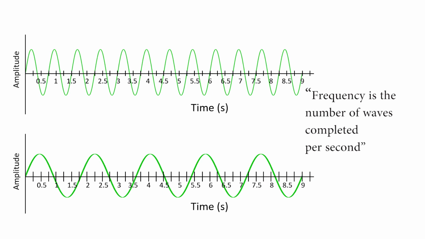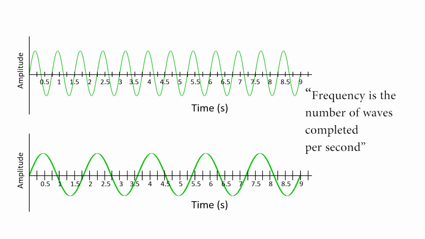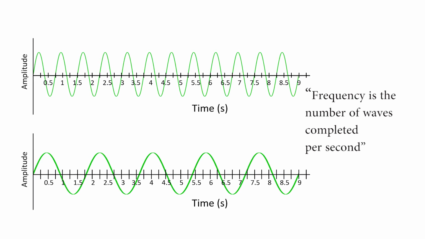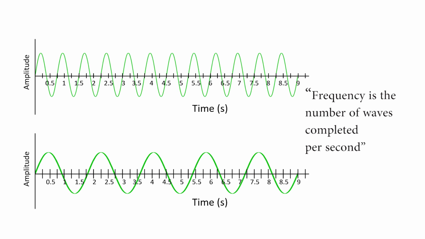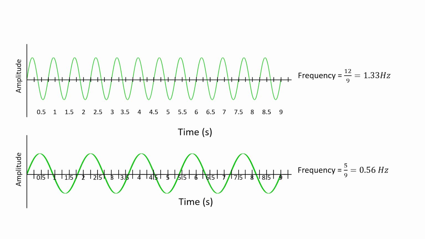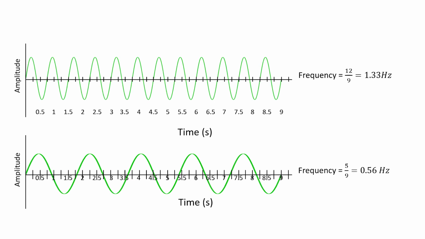In fact, the upper one completes 12 waves while the lower one completes 5 waves, both in a time of 9 seconds. So, the upper wave has a higher frequency than the lower one.